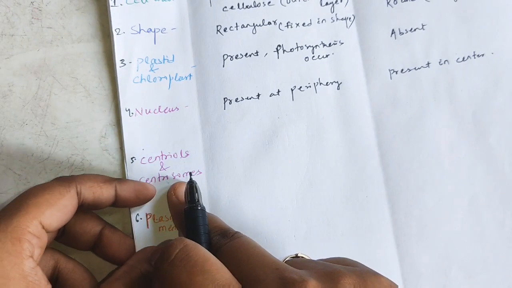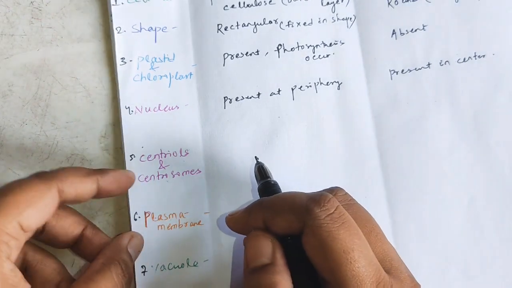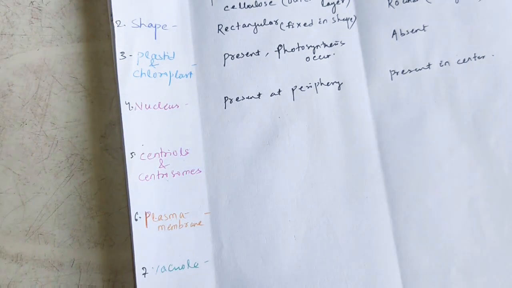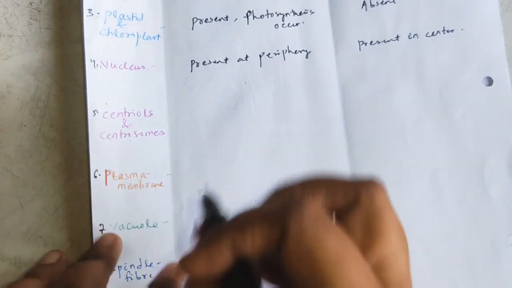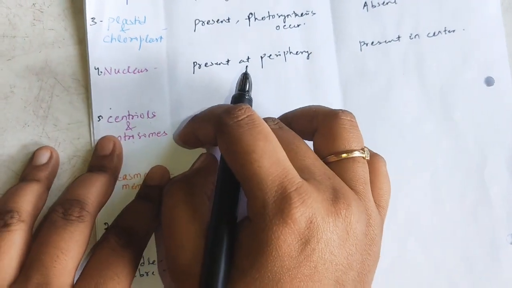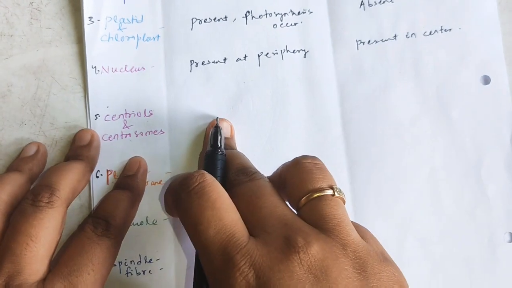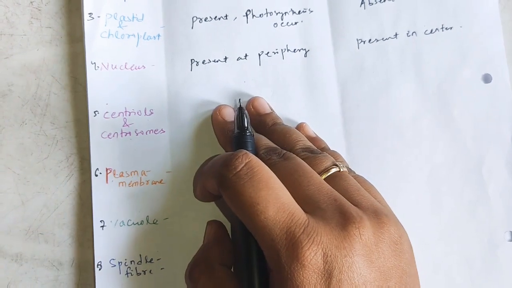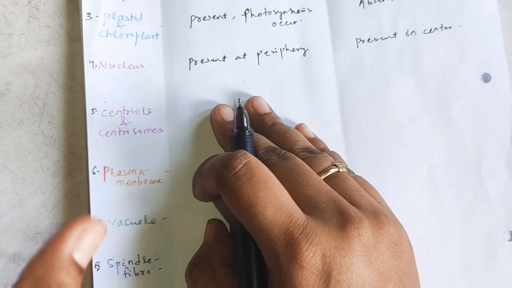Then come to the fifth one, centrioles and centrosome. Here the centriole is present only in lower plants, and in higher plants the centriole is absent.